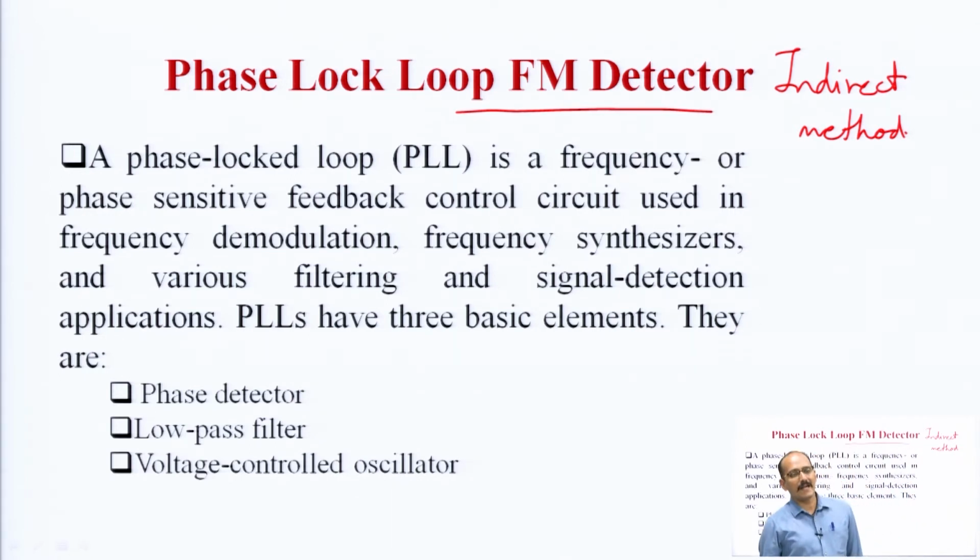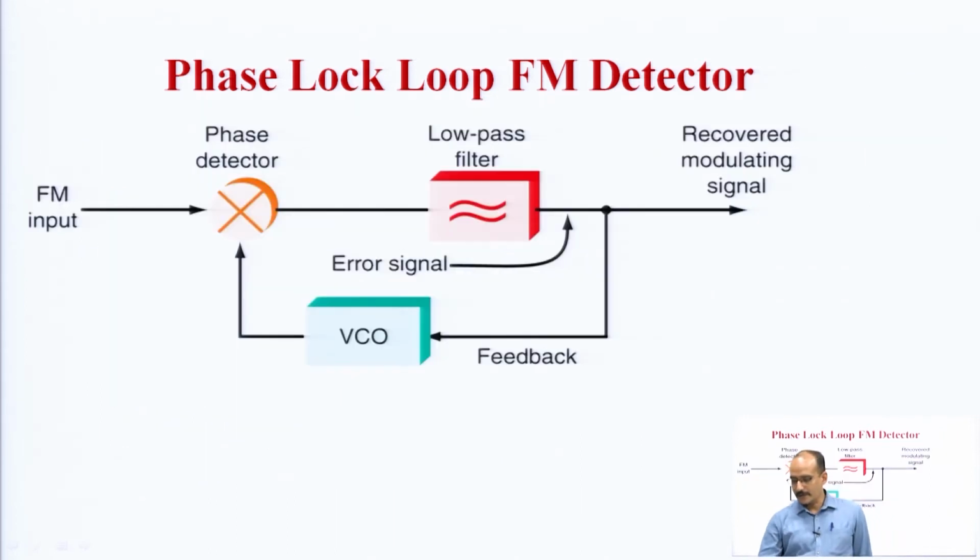To understand this, look at the construction of the PLL, which has 3 basic elements: phase detector, low pass filter, and voltage controlled oscillator. Actually, in the phase lock loop FM detector, what is happening? You are getting the FM input here. Here is a phase detector circuit.